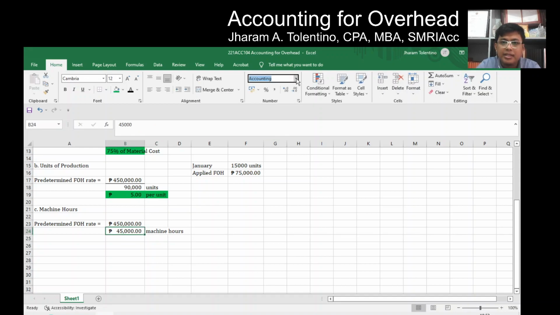So, palitan natin ito. What comes out is 450,000 divided by 45,000, which is 10 pesos per machine hour.